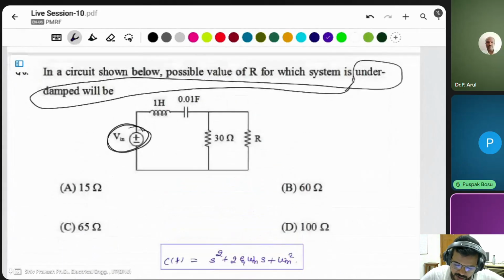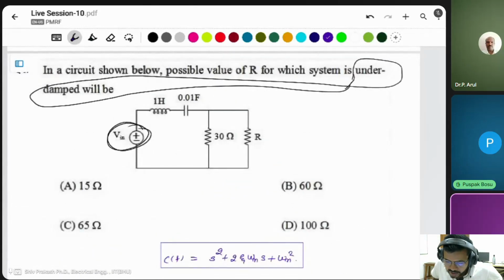In this circuit, the question is asking about the possible value of the resistor for which the system is underdamped. First of all, we have to find the current equation.